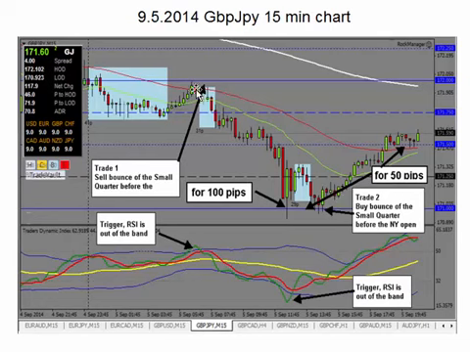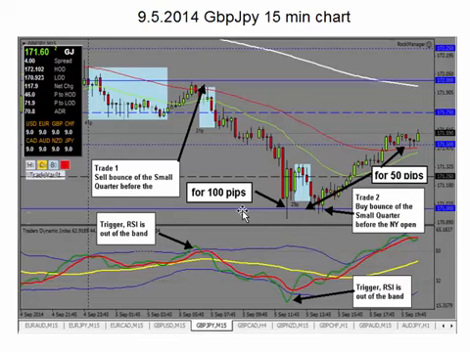On this trade, you would have had 100 pips to the downside. You got out. You would buy at the low of the day, cycled up for another 50 pips. So you could have had 150 pips on this trade using the Rock Manager Forex software with the Quarters Theory indicator.